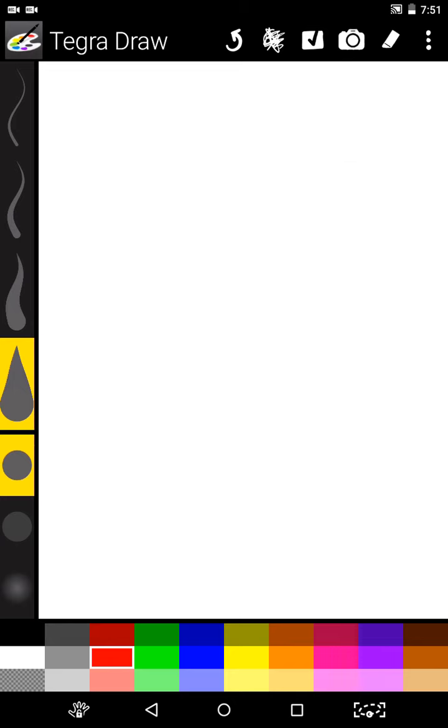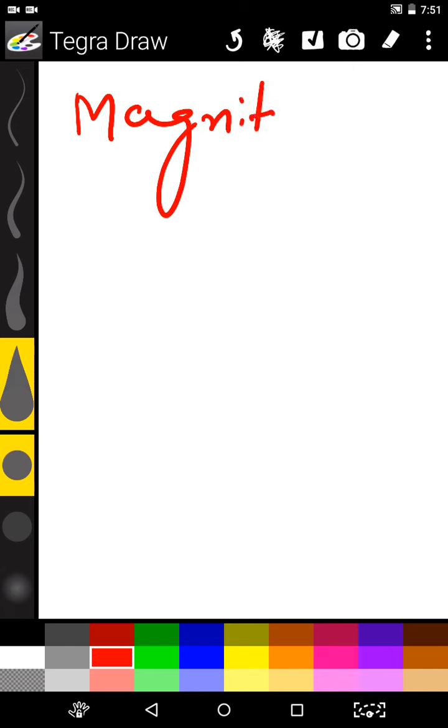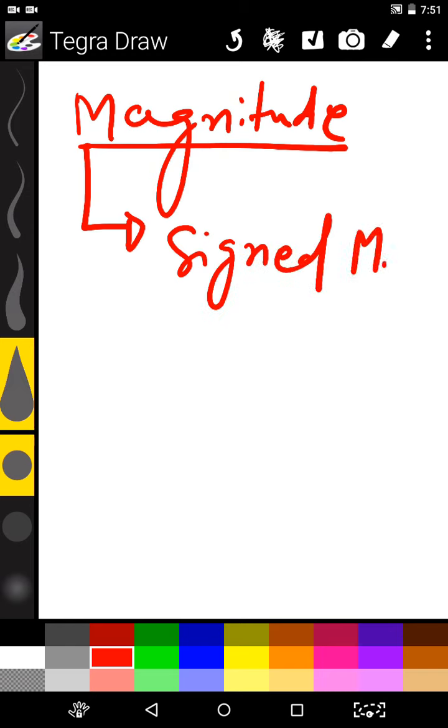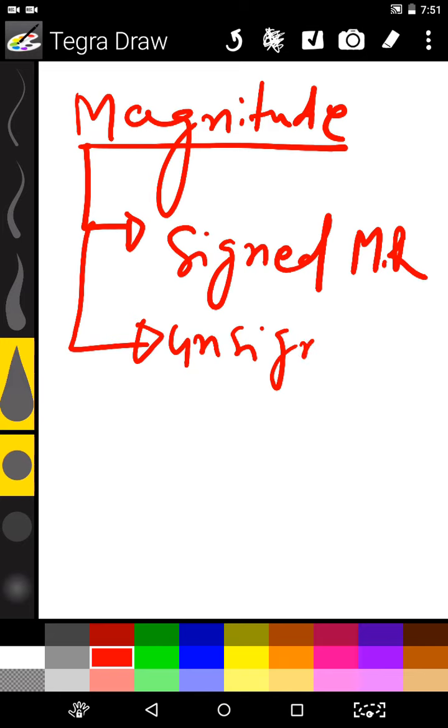In magnitude representation, we can represent data as signed magnitude representation and unsigned magnitude representation.